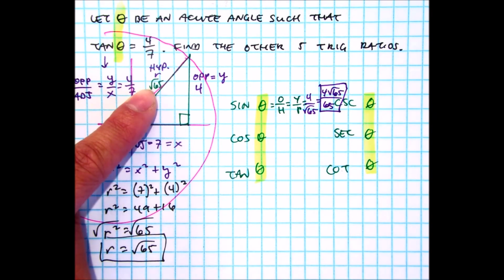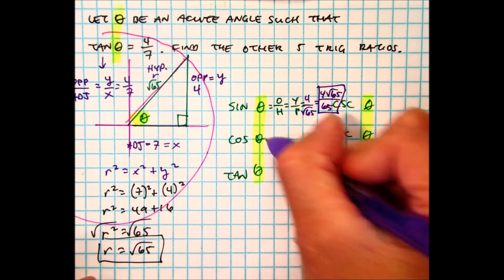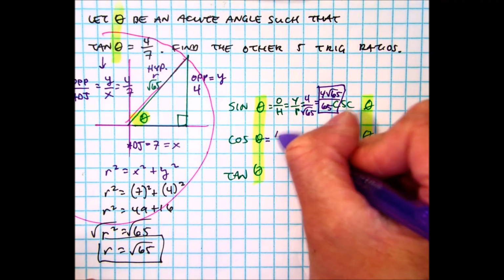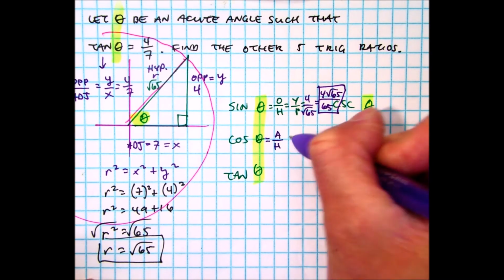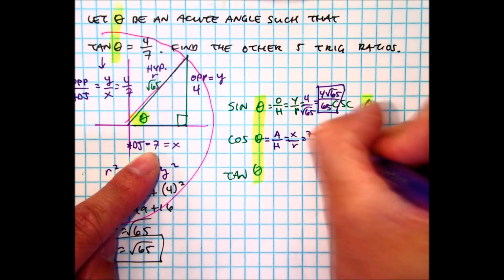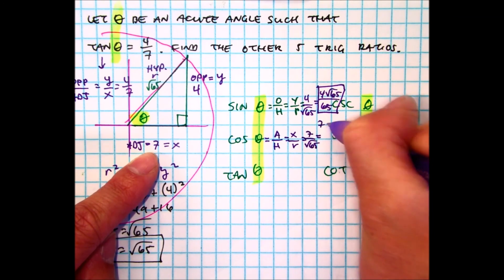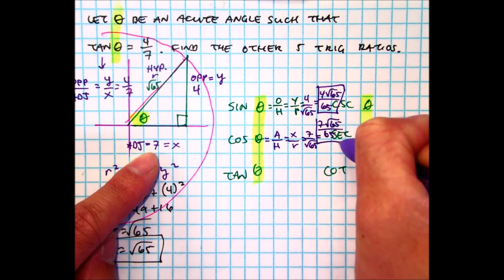Raise your hand if you got that as the answer. And then if I do cosine, that's adjacent over the hypotenuse, which is x over r. So I have 7 over radical 65, and then if you rationalize that, you will get 7 radical 65 over 65.